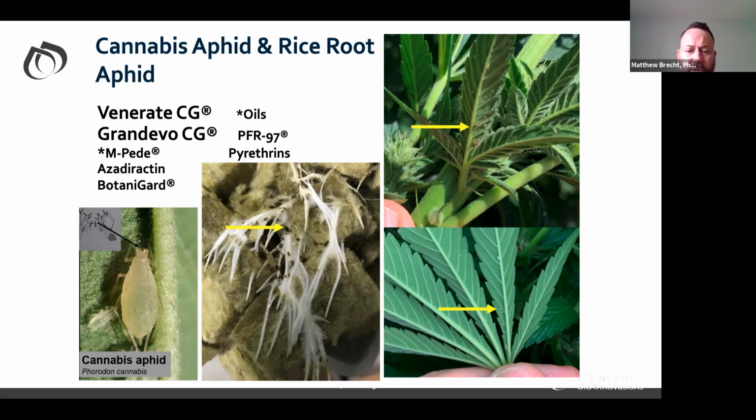As far as a root aphid goes, if you get these root aphids into your indoor grow operation, the best thing you need to do is figure out how to quarantine them out, because you can spend all the money and time you want drenching your soil to try to mitigate the amount of root aphids you have, but you'll never get rid of them.